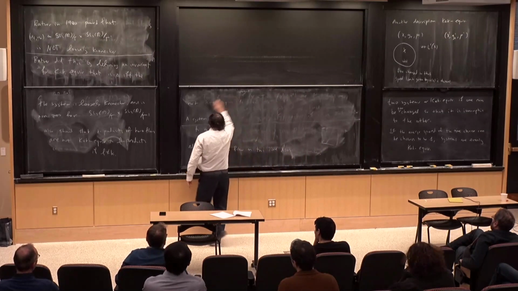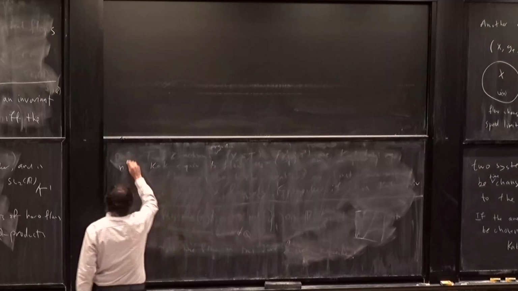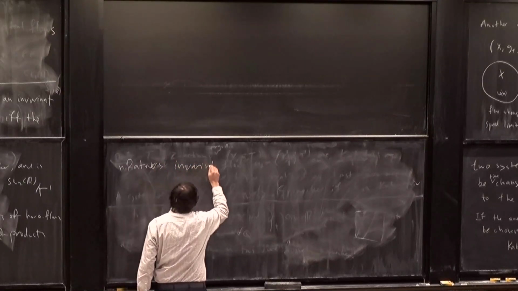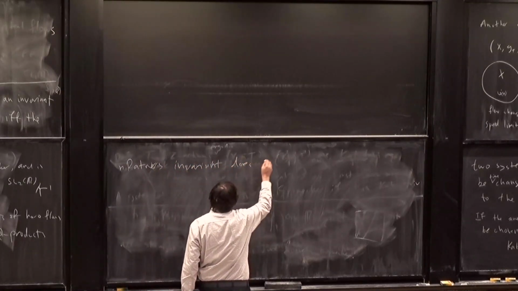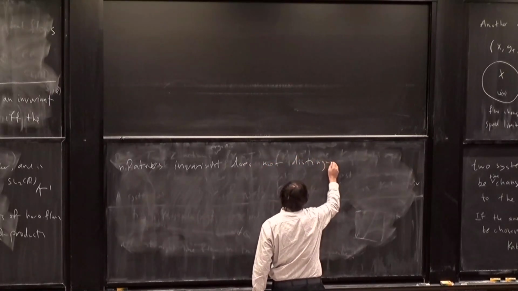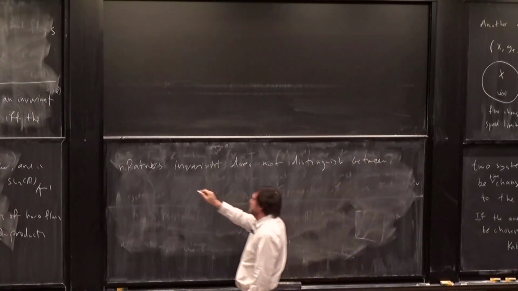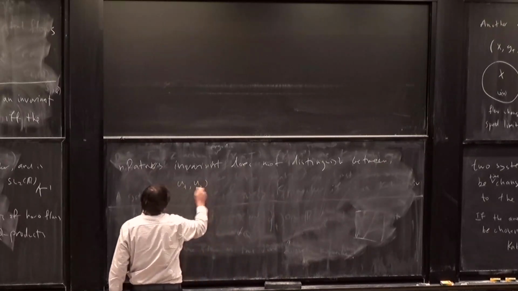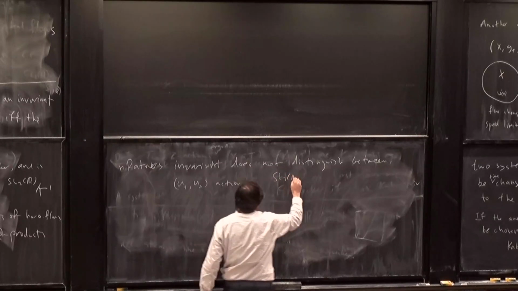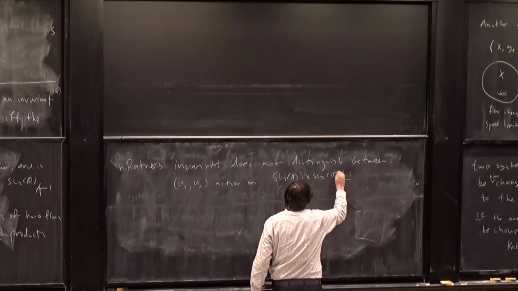So this is a question that... her invariant, Ratner's invariant, does not distinguish between, let's say, the U_t action on SL2R times SL2R mod gamma, whatever gamma is.